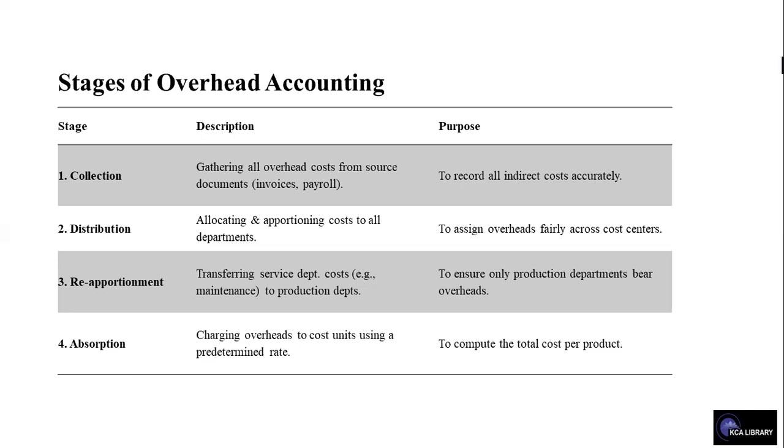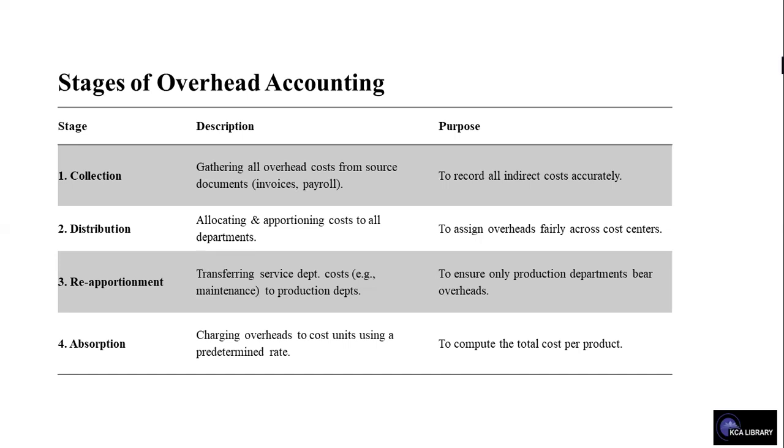Under the distribution stage, it means allocating and apportioning costs to all departments. The purpose is to assign overhead fairly across cost centers. We also have the apportionment, where we transfer service department costs to the production department.